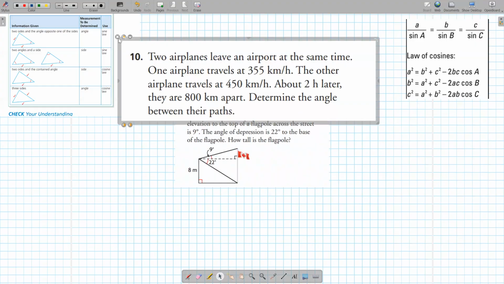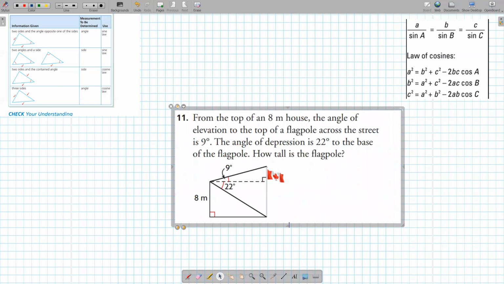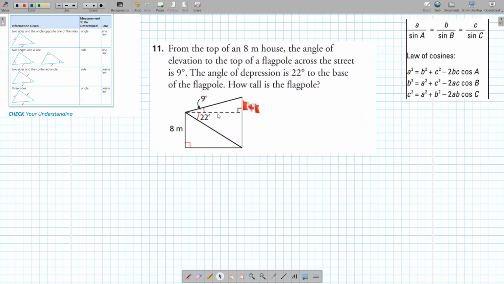Let's try this one. From the top of an 8-meter house, the angle of elevation to the top of a flag, again, there's a diagram given. How tall is the flagpole? So we're basically trying to find the height of this. What's the approach here?